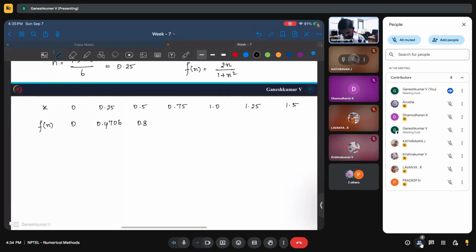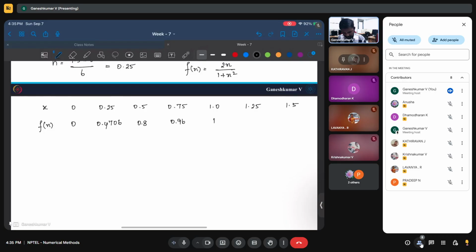0.75 square plus 1, 2 into 0.75 is 0.96. Then for 1, oh, why am I doing this? This should be just simply 1.